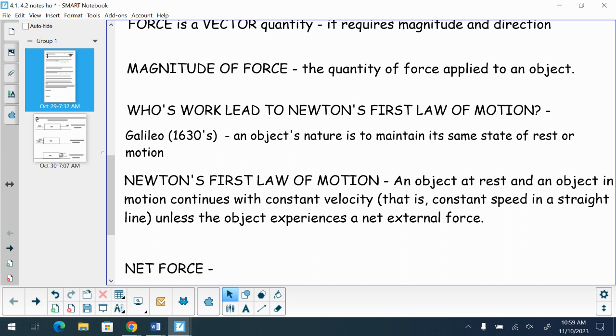If you could shoot a bullet or a cannonball fast enough from the highest peak in the world at a high velocity, it will continue at that velocity, and as it curves around the Earth, it will continue at that velocity, even though it's not a linear motion, it's local linearity.